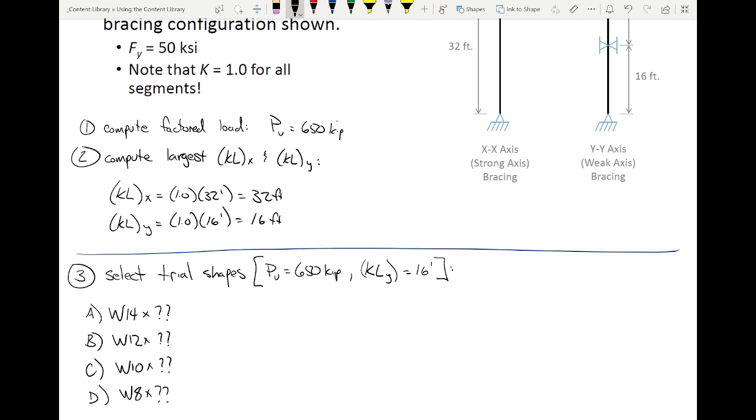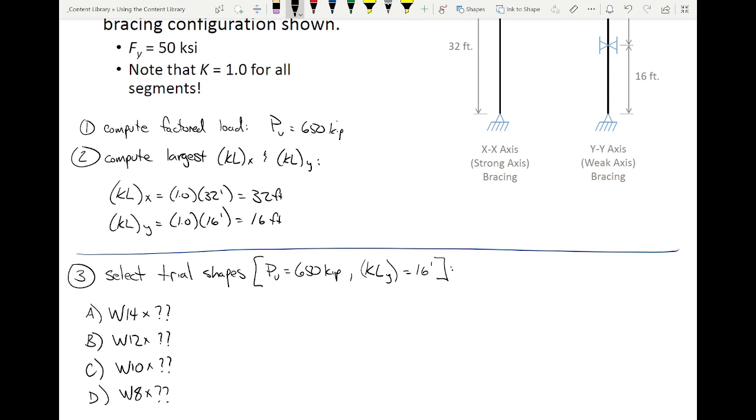Why did we pick 16 and not 32? That's a great question. I want to make sure that we're clear on this. The reason we're picking 16 is because right now we're selecting trial shapes. If you look on the very left of table 4-1, it says that the capacity is reported with respect to the least radius of gyration, ry.